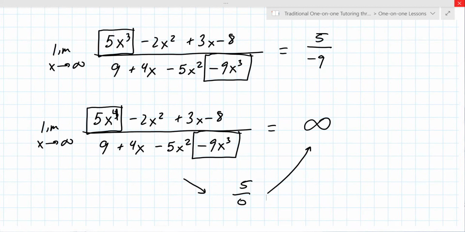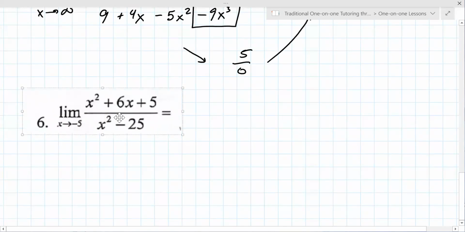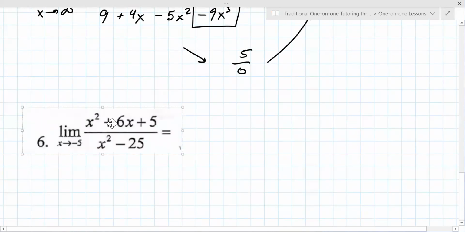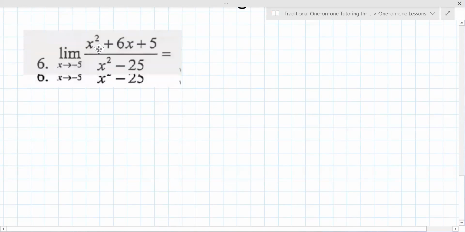Okay, another limit question for you, number 6 here. When you're doing a limit at a point, you always try to put the value in. But the problem is here, when you put -5 in for x, the bottom becomes 0, and I think the top does as well.